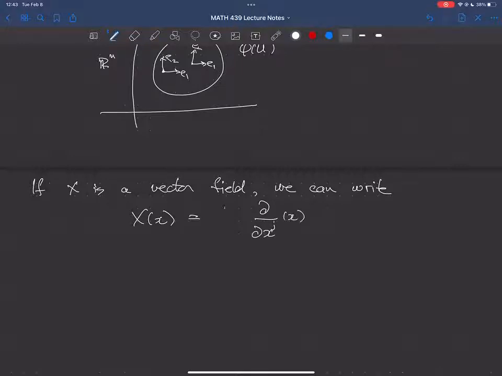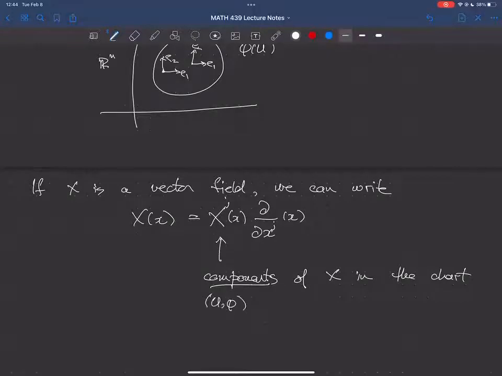And the coefficients in the linear combination, we're going to write as X super j. Okay. So these are called the components of X in the chart U, phi.